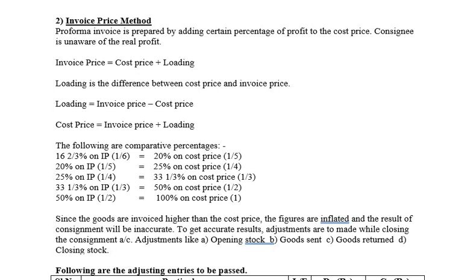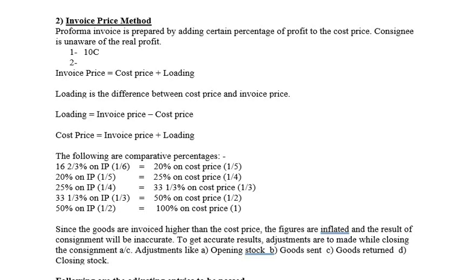For example, for manufacturing one unit, the expenses incurred by the consignor, the owner, is say 10 rupees per good. For manufacturing one product, his expense is 10, that is the cost price is rupees 10.